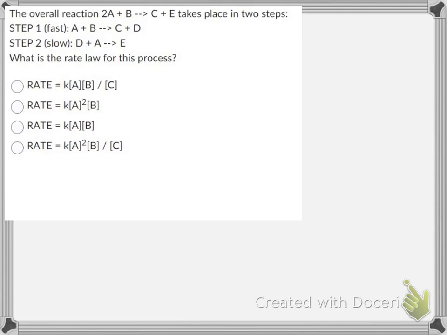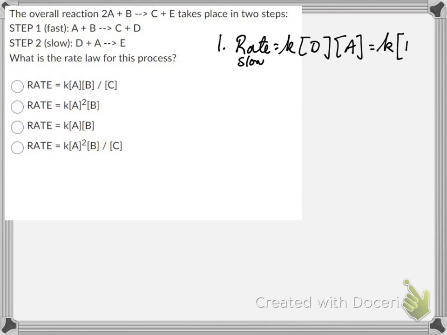Okay, so another fast-slow mechanism. So we will go through this in a more brief way than we have. So we'll do the 3 steps. Step 1 is writing the rate law for the slow step, k times D times A. The rule is intermediate times reactant. So that means we have to substitute for the intermediate by writing out Kc.